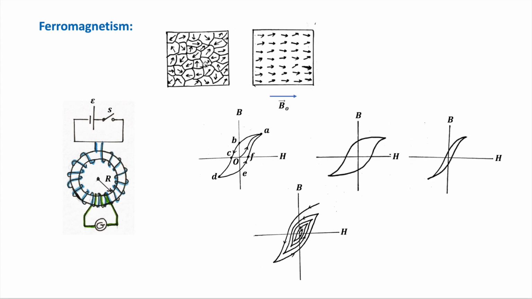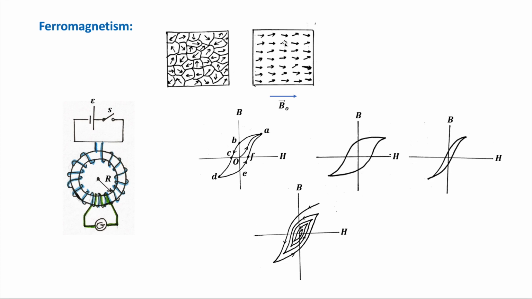And the boundaries between domains with different orientations are known as domain walls. If the sample is unmagnetized, like this sample, the domains are randomly oriented, as you can see, so that the net magnetic moment is zero because they cancel each other out, okay?